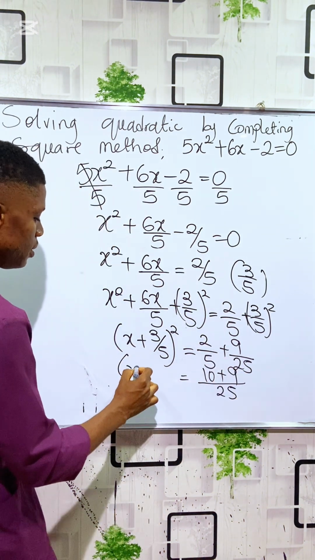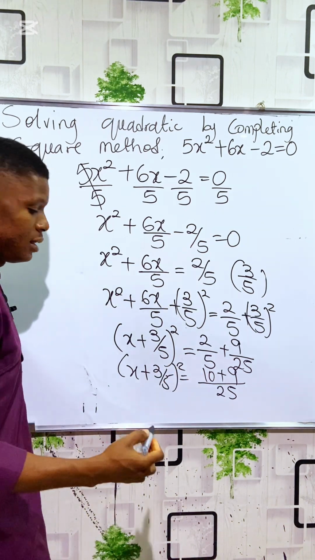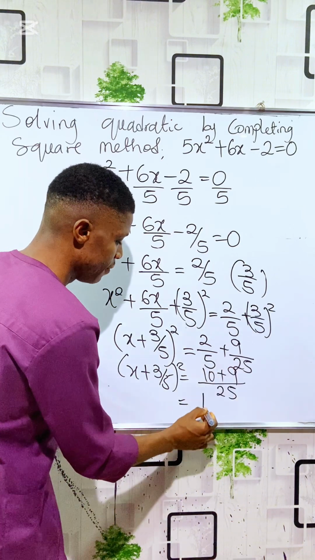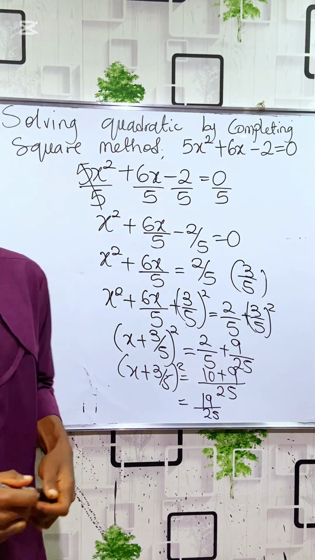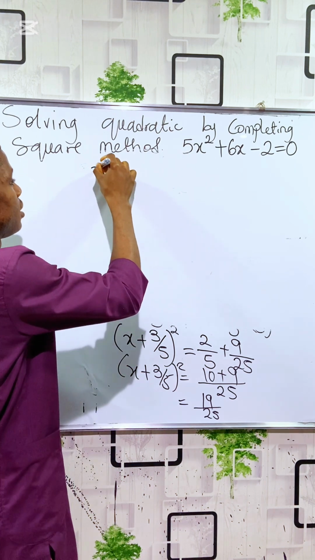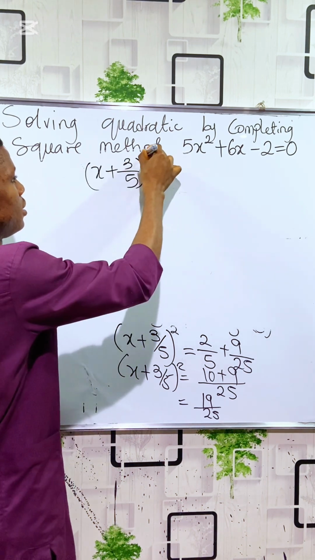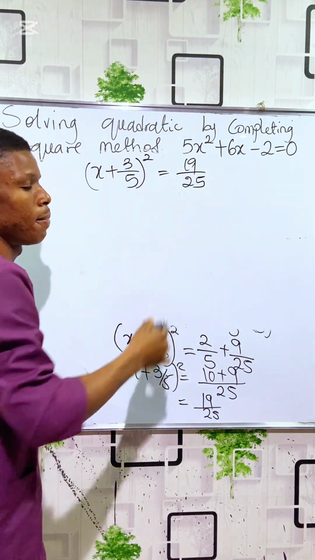So we have x plus 3 over 5 all squared equals, if you add 10 to 9, 19 over 25. So you can now see that x plus 3 over 5 all squared is equal to 19 over 25.